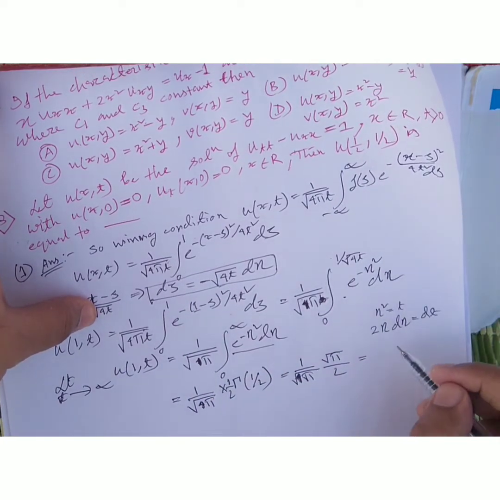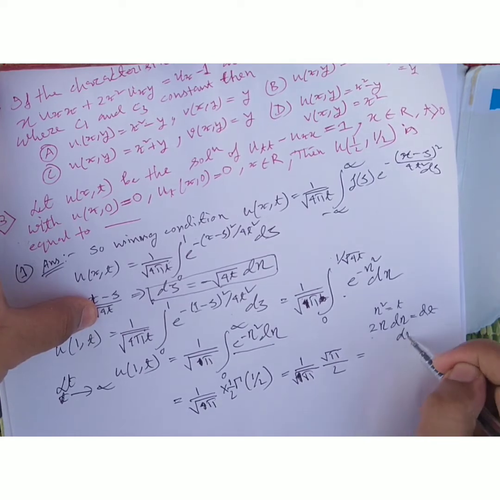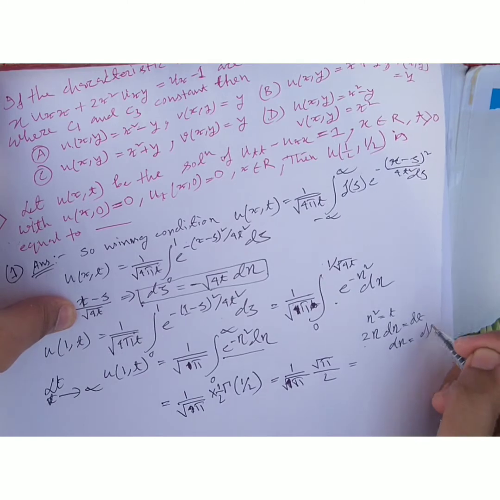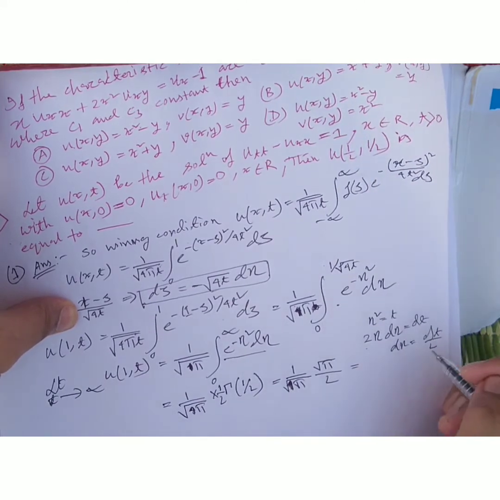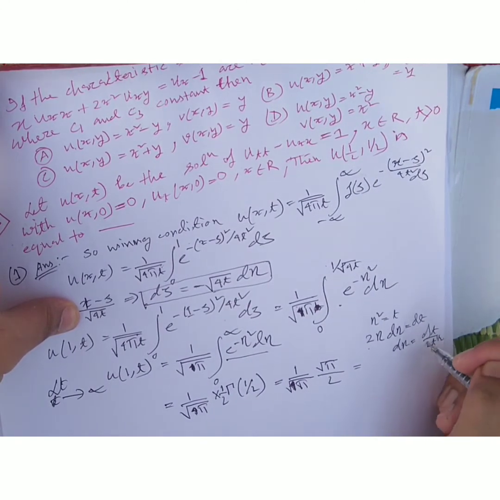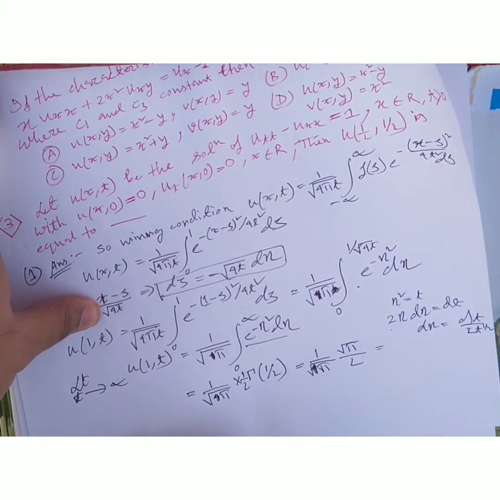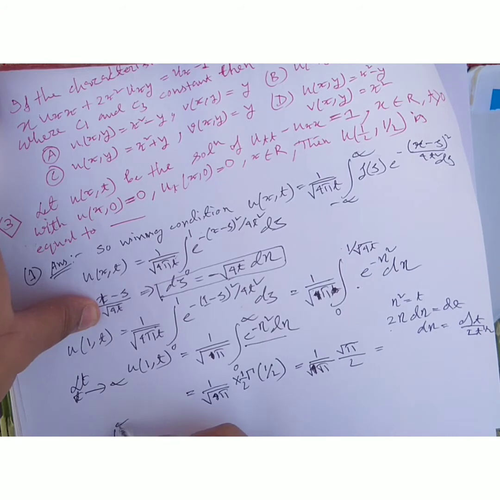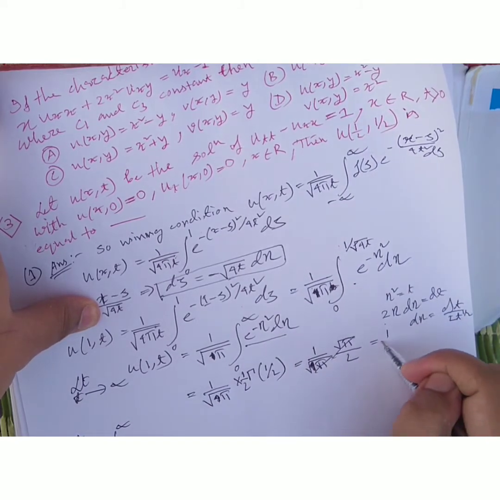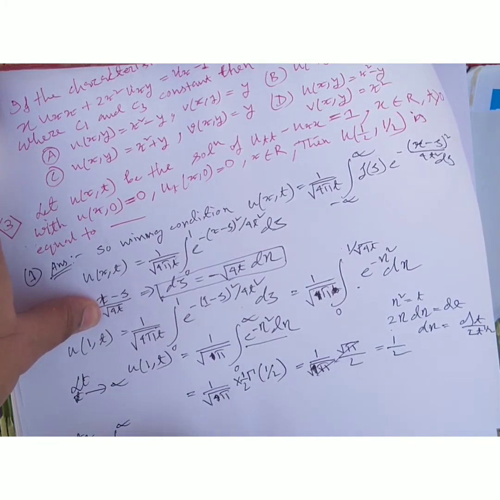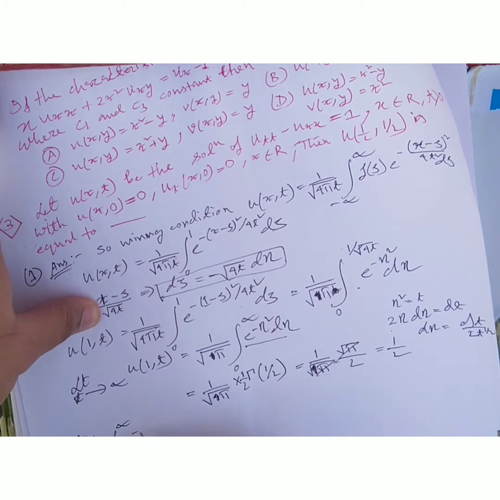How is it gamma half? Because d eta means dt by 2 into t to the power half. And in my given equation, 0 to infinity, the answer is half, but I will show what e to the power minus eta square into d eta is.